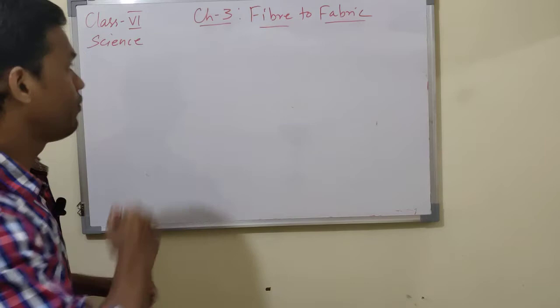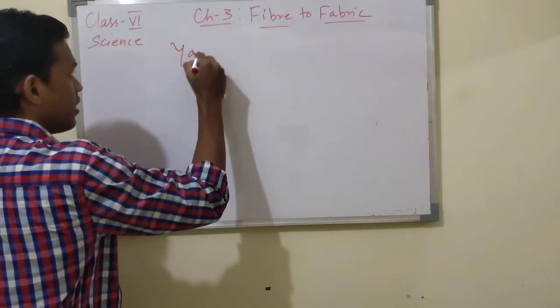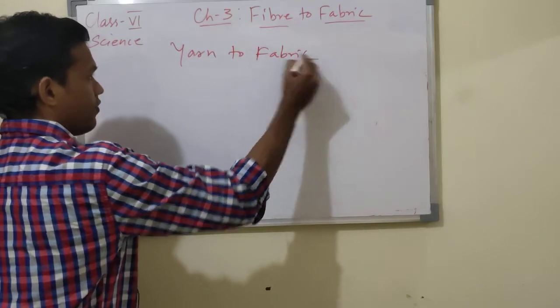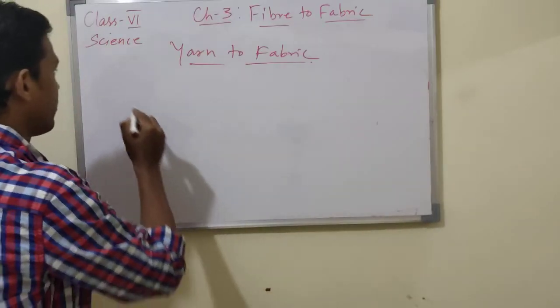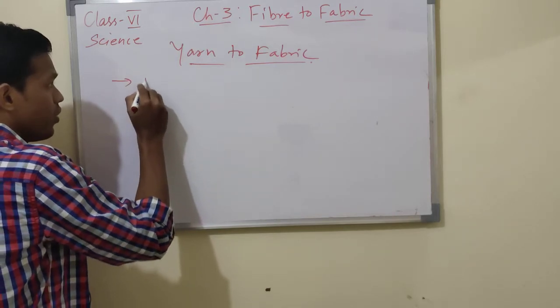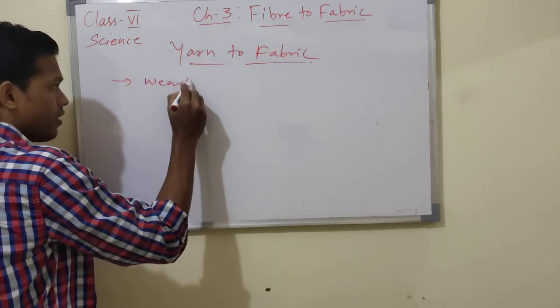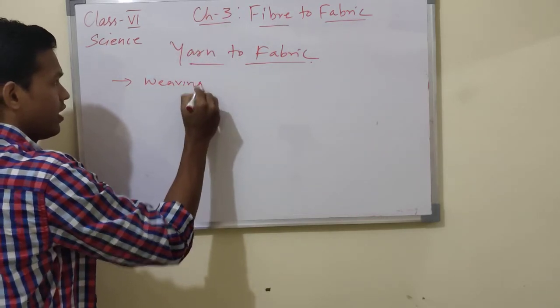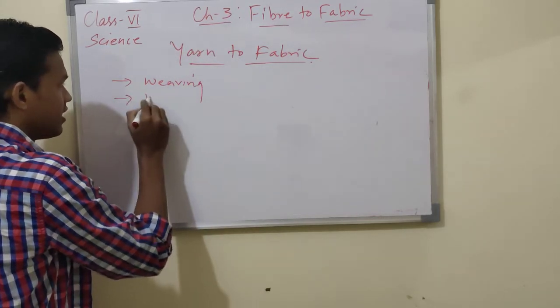Now the topic is yarn to fabric. How is it made? The first of the two main processes is weaving. Another one is knitting.